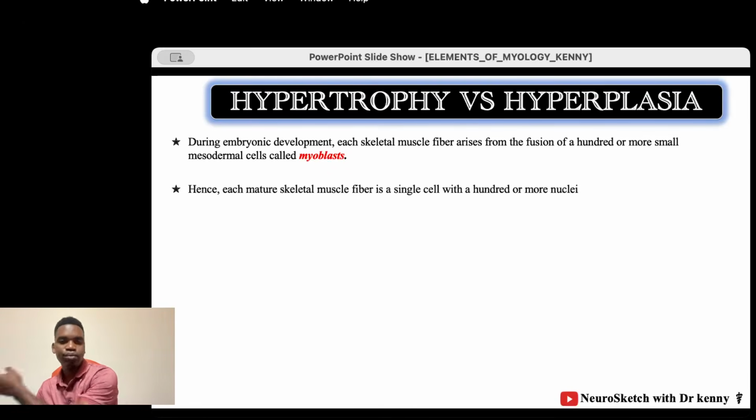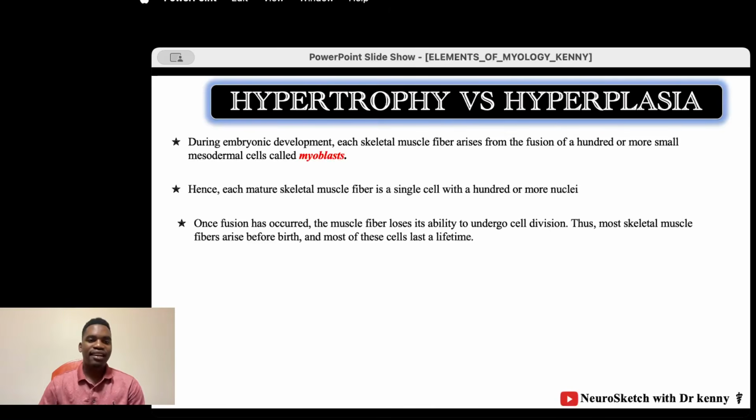This fusion occurs in utero, and once the fusion has occurred, these myoblasts lose their ability to undergo cell division. Remember, I told you the myoblasts are muscle building cells. How do they build the muscle? By undergoing cell division.